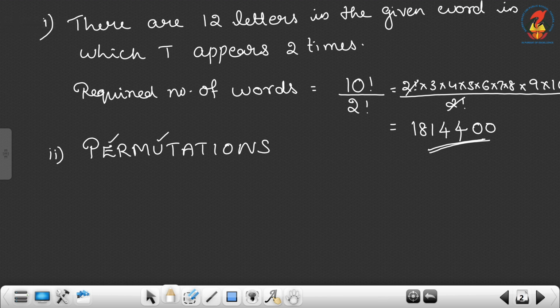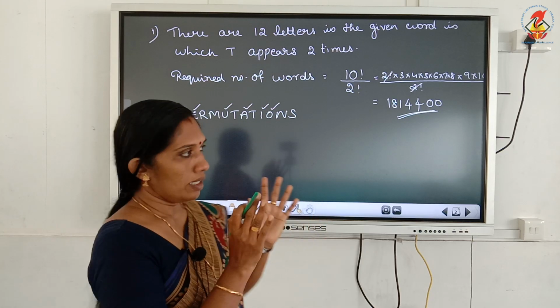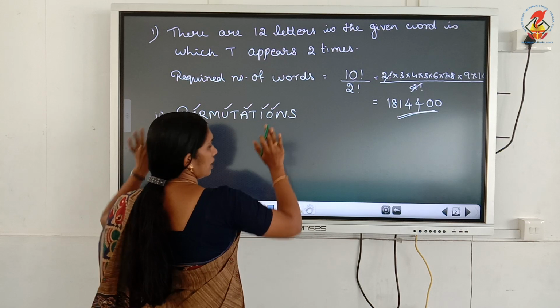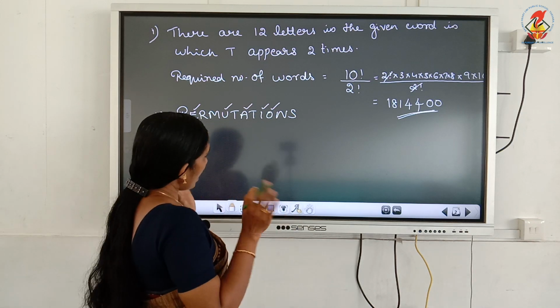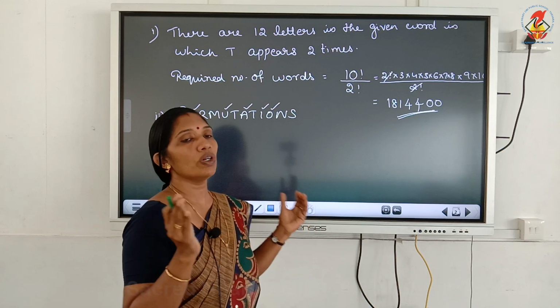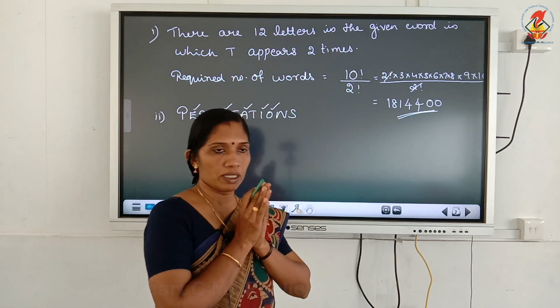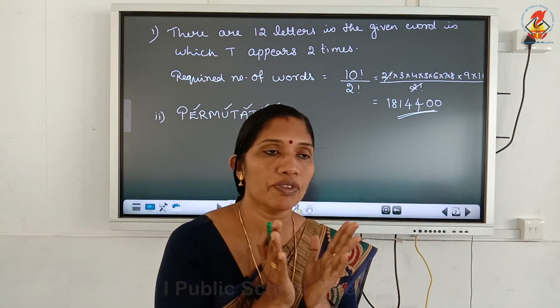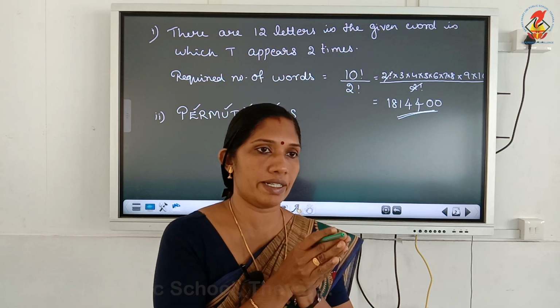E, U, A, I, O. So there are 5 vowels. These 5 vowels occur together. So wherever we can change, total there are 12 letters. We can arrange in different ways, but the vowels always occur together. So you have to consider these 5 vowels as a single letter.